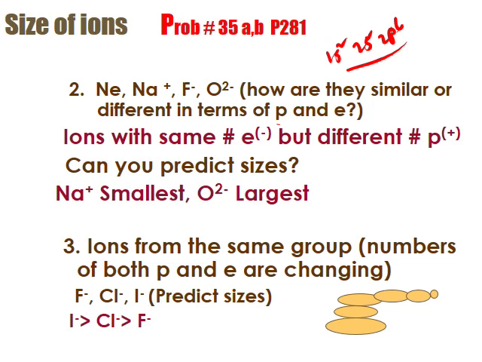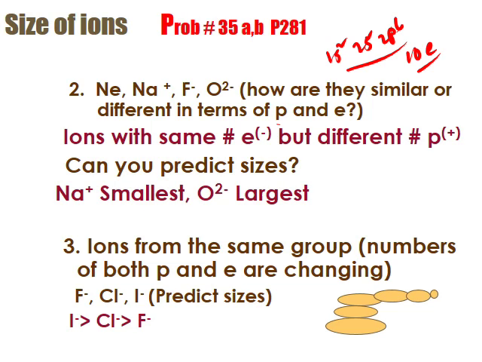What about sodium plus? Sodium has 11. So if you knock off 1, that would also have 10 electrons. F would have 9 electrons, so F minus would have 10 electrons. O has 8 electrons, so O2 minus would have 10 electrons.